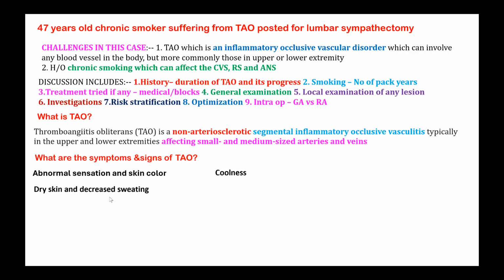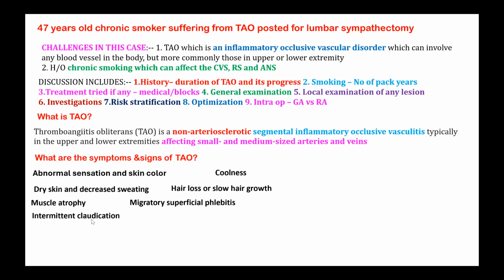Dry skin, decreased sweating, hair loss and slow hair growth, muscle atrophy, migratory superficial phlebitis. One area will be painful and then the next area becomes painful. And intermittent claudication while walking, which ultimately goes on to produce even rest pain. And patients may develop ulcers and gangrene.